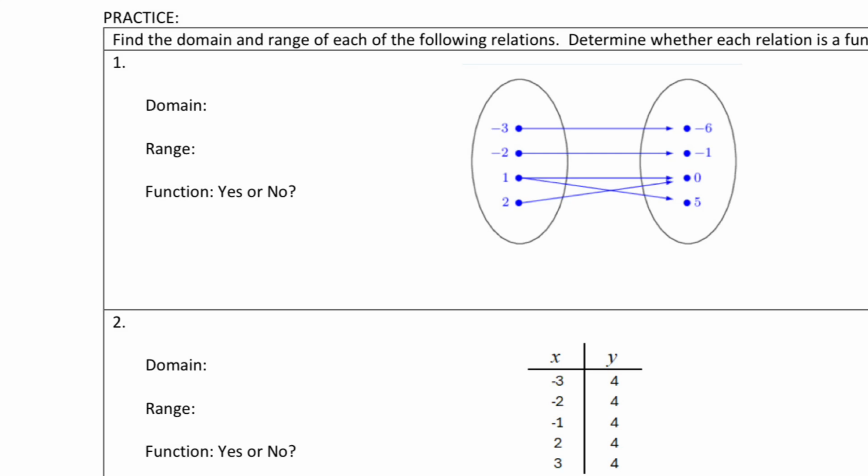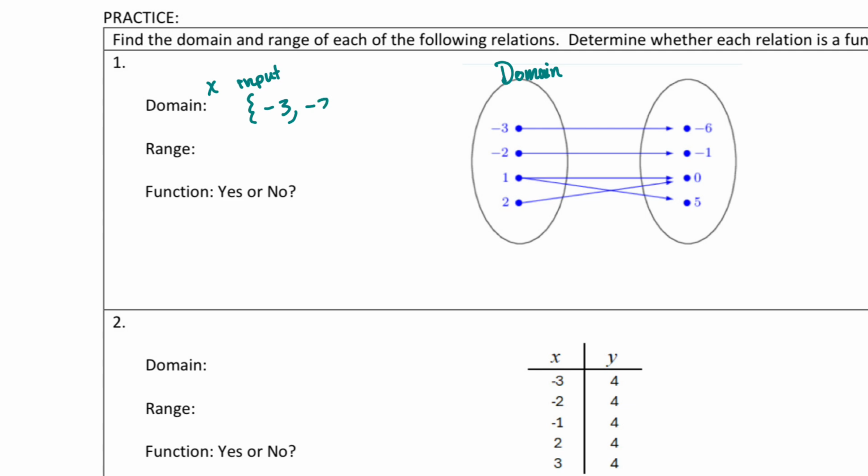Here goes number 1. Domain is the x values. It's the input. So that means these, right? The domain, the ones you start your arrow at. Technically, it should be in a set.